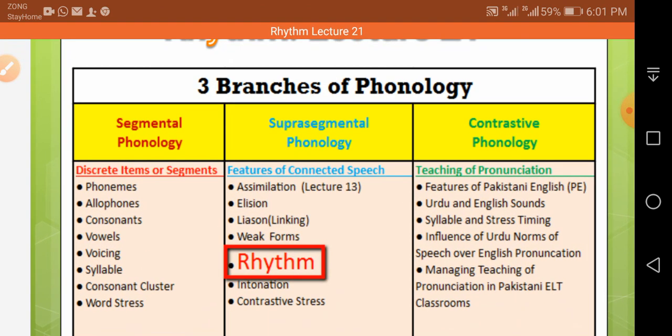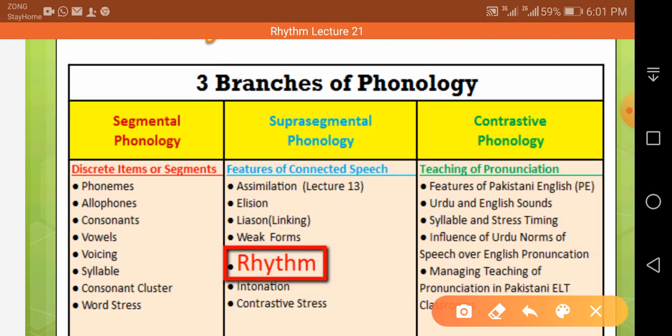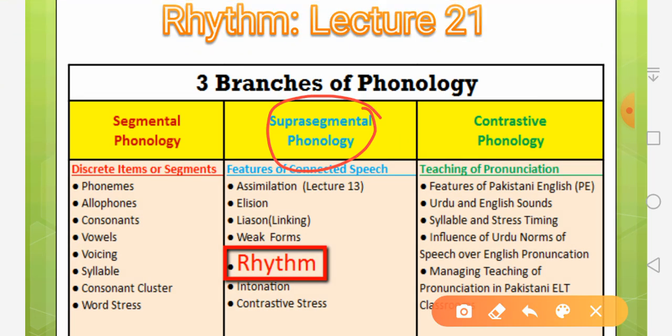Here, as you can see, we are in suprasegmental phonology. That is, we are above the level of segments here. So we covered allophones, phonemes, consonants, vowels, etc. Now we are in the area where words change their behavior under the influence of neighboring words.